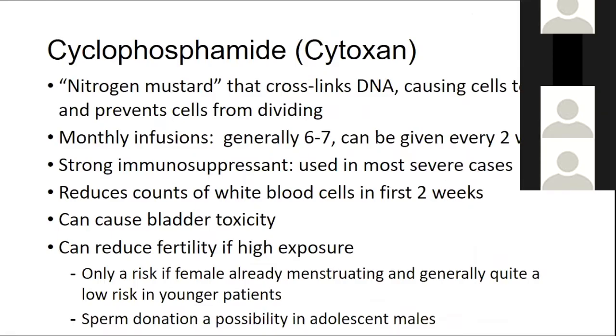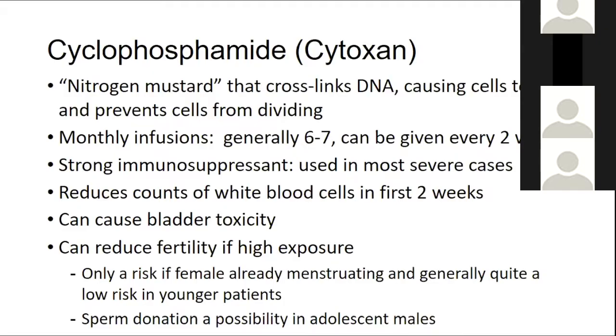This is a very strong immunosuppressant, and we use this mainly in the most severe cases of myositis, where patients have cardiac involvement, or they have severe lung disease or weakness to the point where they're not able to breathe due to diaphragmatic muscle weakness, or patients with very severe and rapidly progressive weakness.